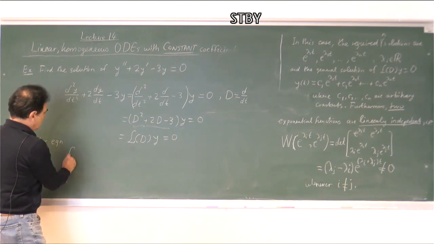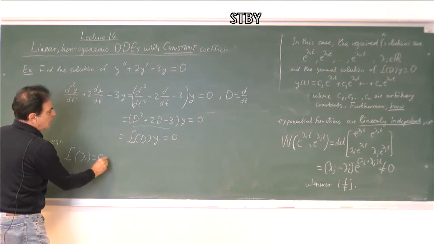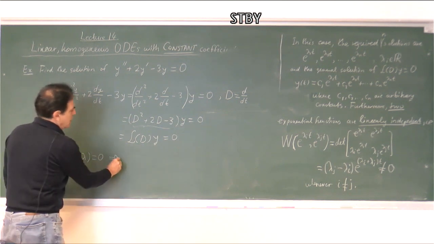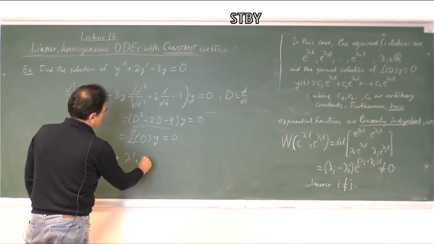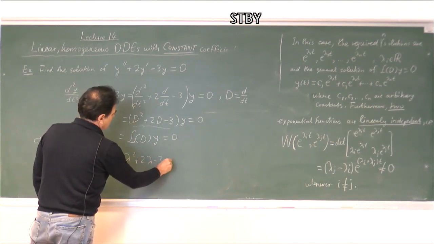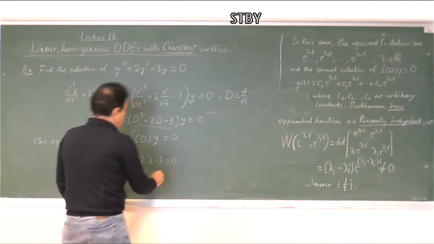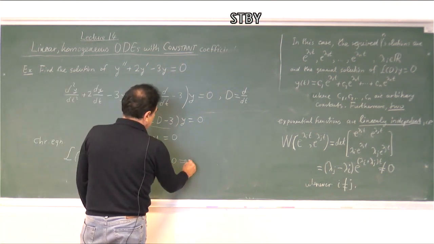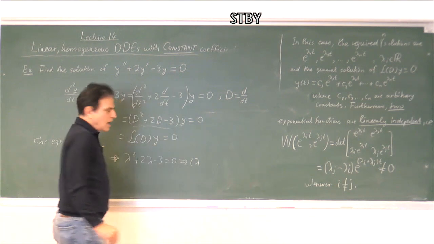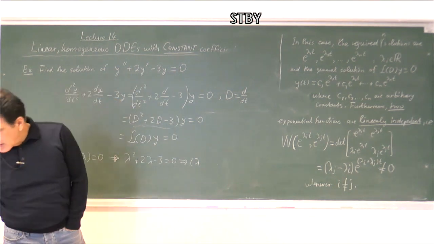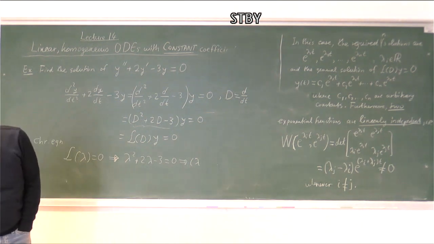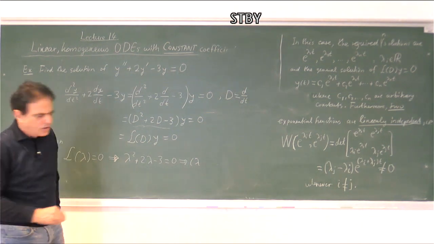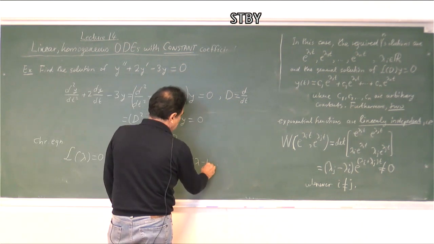So the characteristic equation is L of lambda equal to 0, or explicitly lambda squared plus 2 lambda minus 3 equal to 0, which may be factorized. It is not difficult in this case to see that the two roots are 1 and minus 3 respectively.